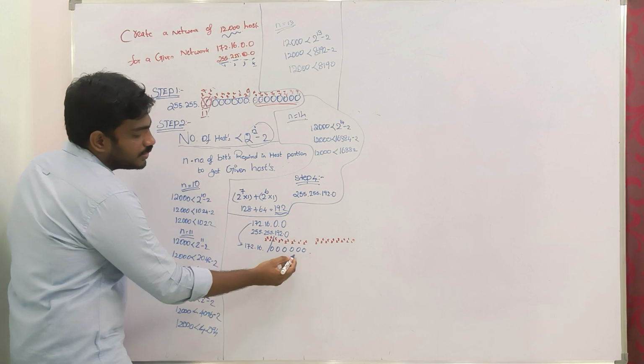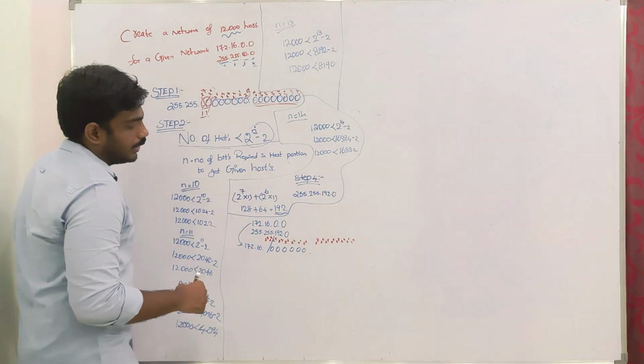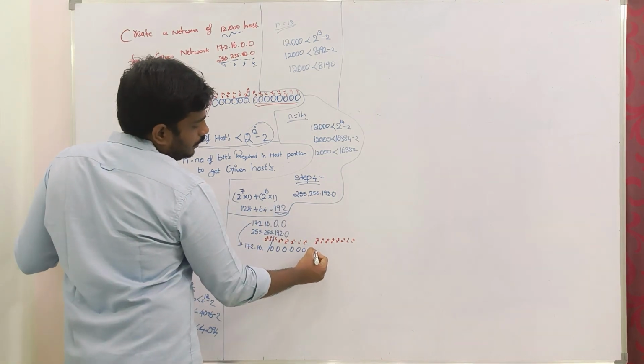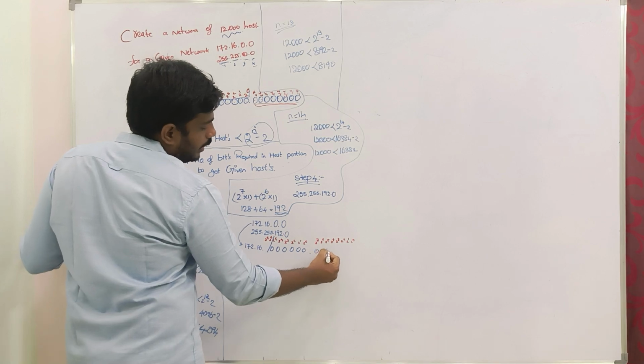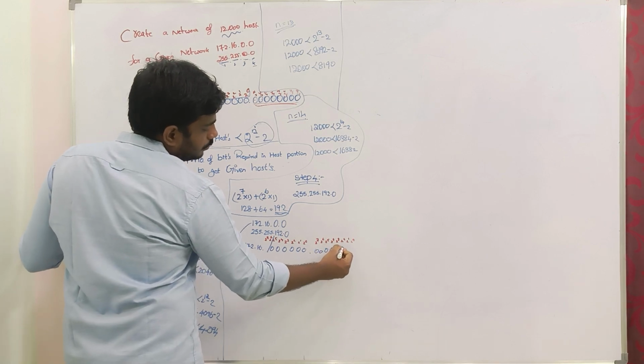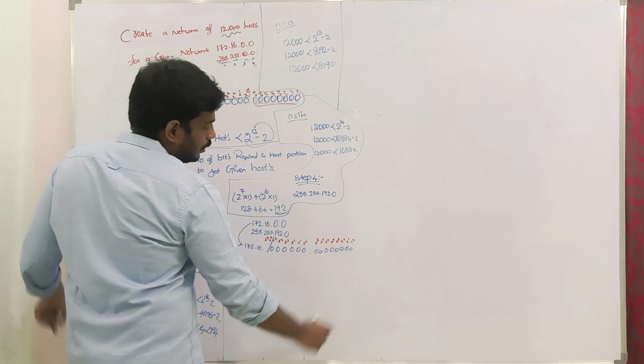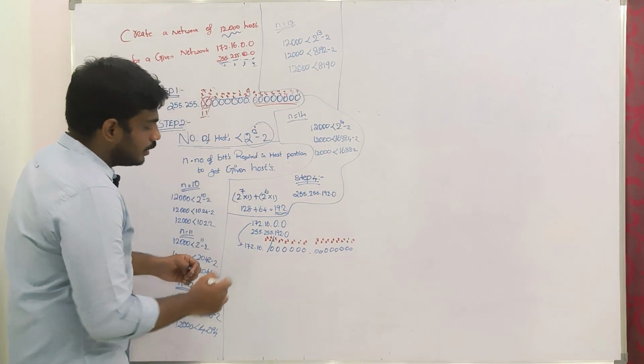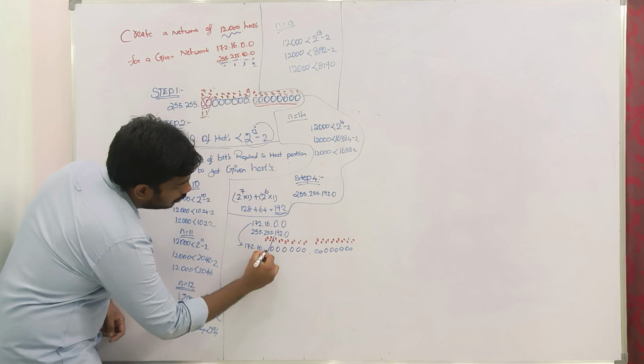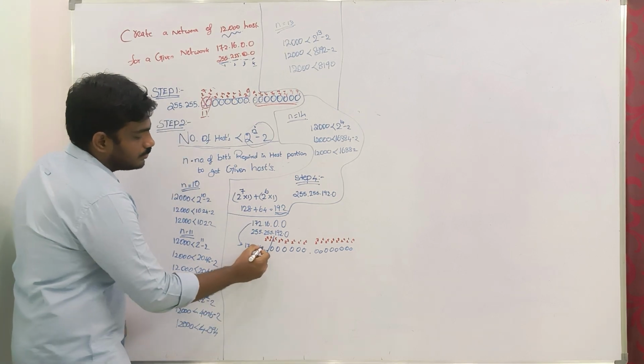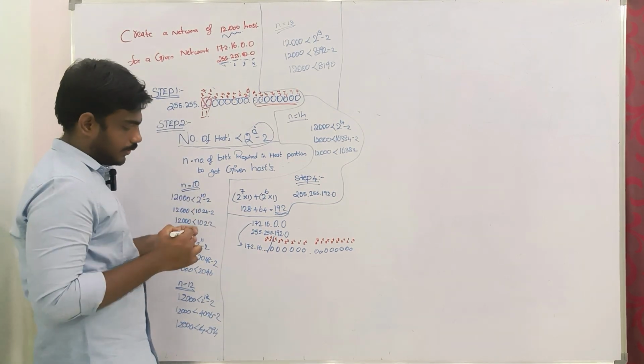So we use 6 bits of host portion in the third octet, and in the fourth octet we use 8 bits, all 8 bits for the host portion. Here we have only 2 bits for the network portion.